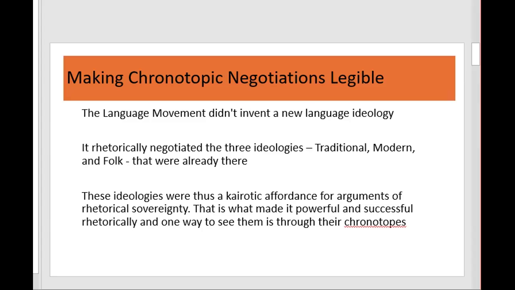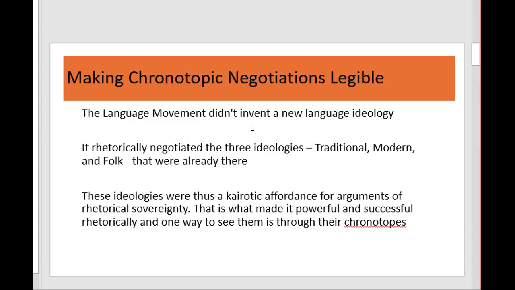So my main thesis is that the language movement was successful because it didn't necessarily invent a new language ideology completely, because I don't think that is an effective rhetorical strategy. It worked because it negotiated the three extant ideologies that I identify as already existing in the space. Traditional, which in this case is Islamic; modern, which in this case is functional, state-building; and third, folk, the folk culture of Bangladesh.